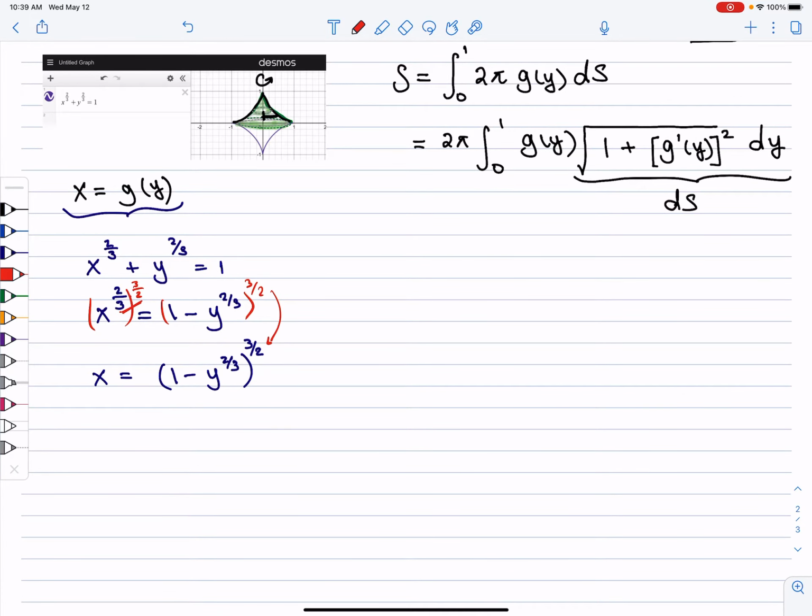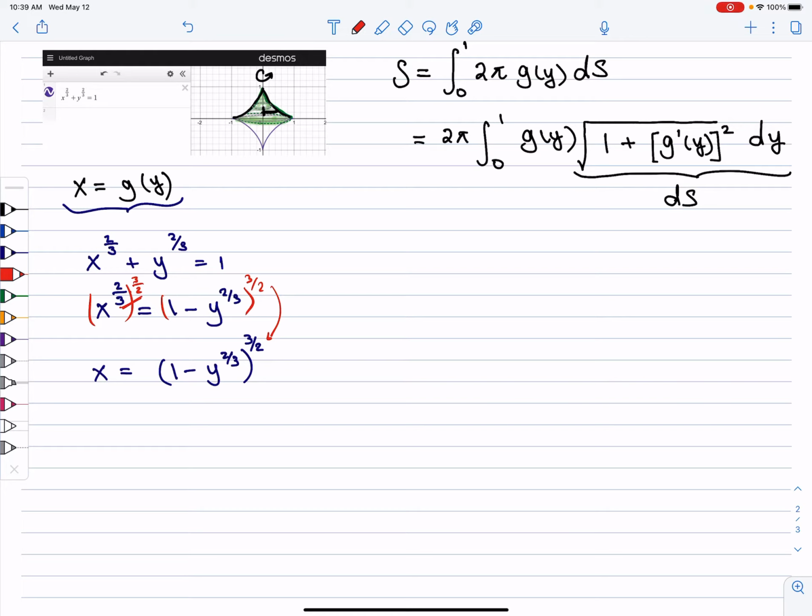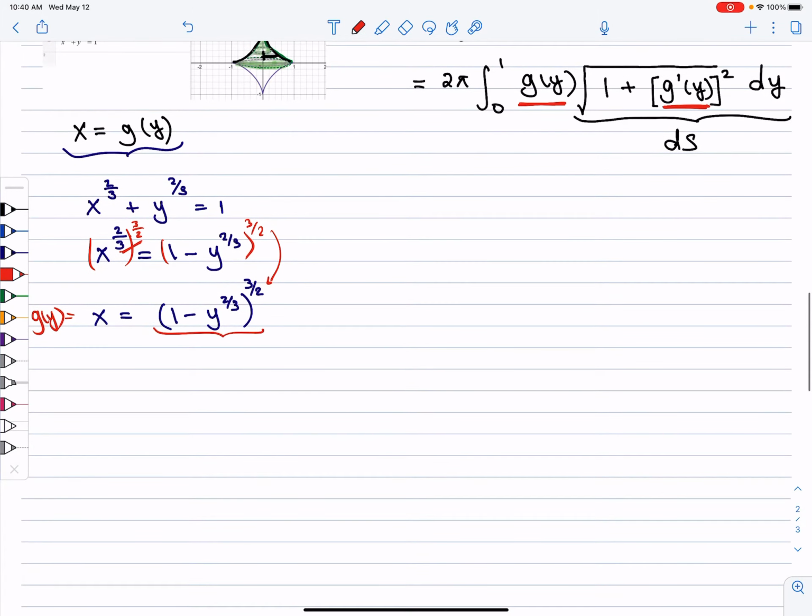So we can say that g of y is equal to this portion right here. The formula that we just talked about had a g of y, and it's also going to have a g prime of y. So why don't we get a g prime of y since we're here?